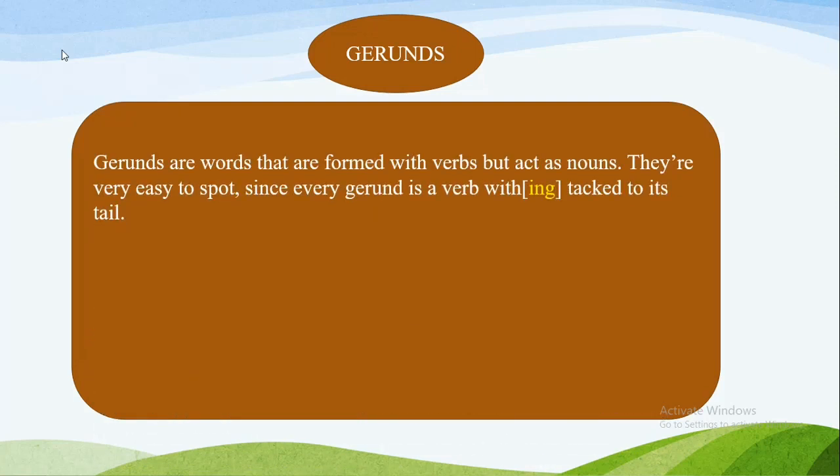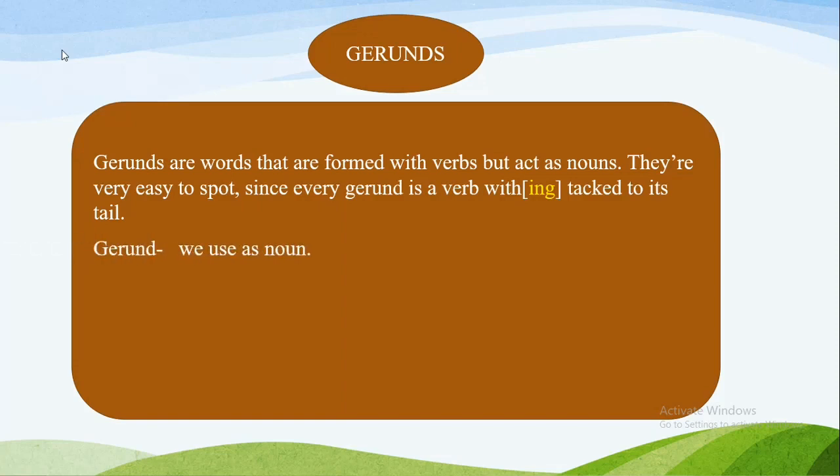Now we are going to see the last part of the lesson, that is gerund. Gerunds are words that are formed with the verbs but act as nouns. They are very easy to spot since every gerund is a verb with ing tagged to its tail.